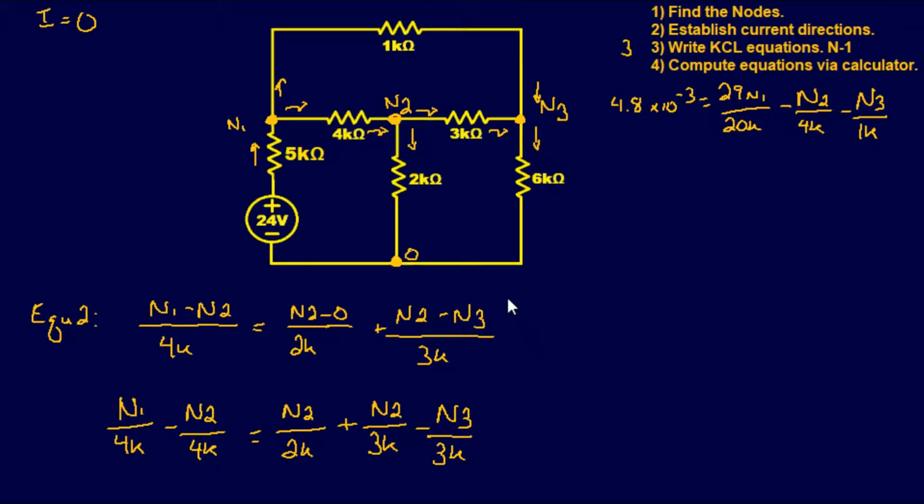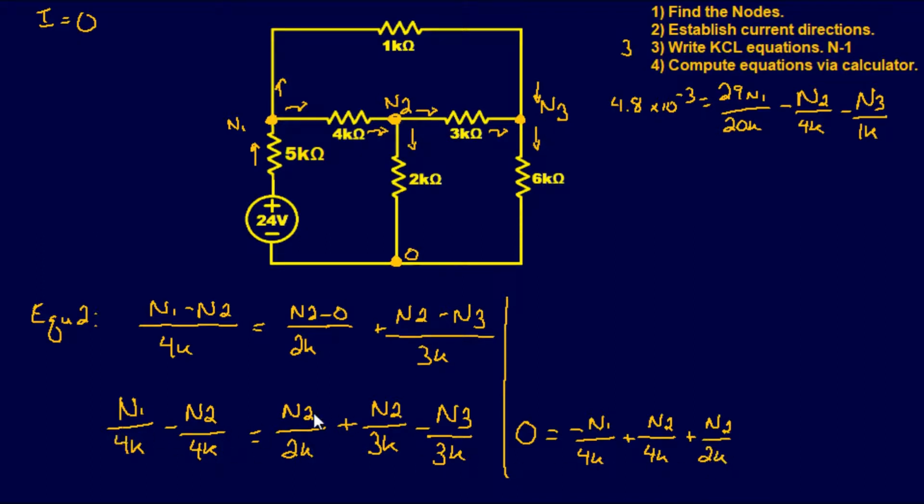Alright, so we'll see if we can cut that through and finish up this equation, see if we can simplify it again. So what I'm going to do is I'm going to put 0 equals, and I'm going to move these guys to this side of the equation. So it's going to come out to be negative node 1 over 4k, and that's going to be plus node 2 over 4k plus node 2 over 2k.